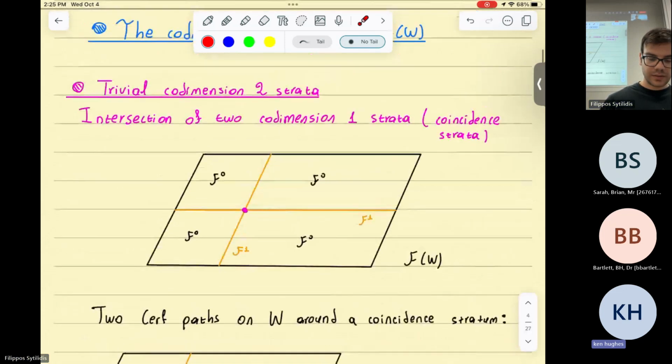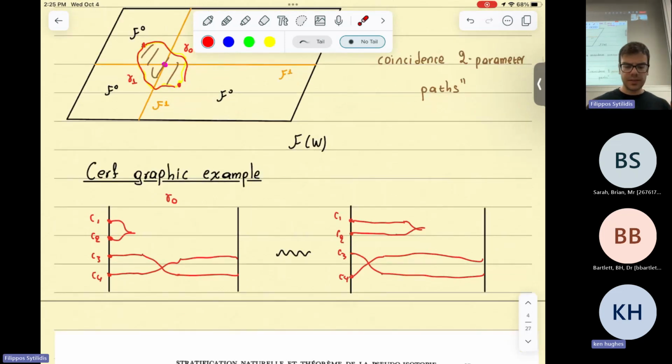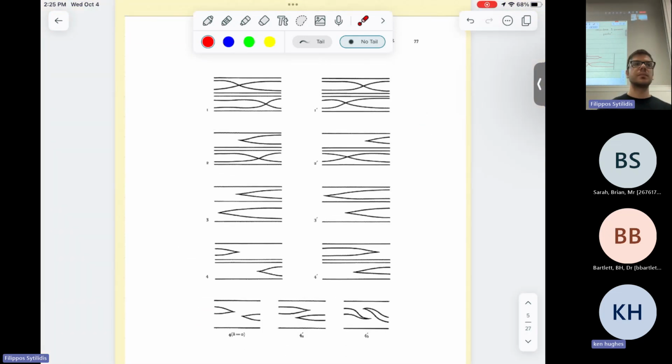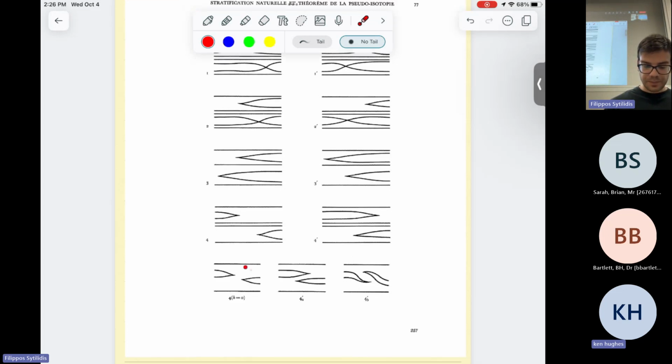And yeah, is it clear? If you go to Cerf, these are all the cases that basically would occur. I might have interchanged the order in which crossings occur, or I might have first a cusp crossing and then I change the order. And the only thing worth saying is that if I have cusps, the first cusp, then the second cusp, I can change the order in two ways.